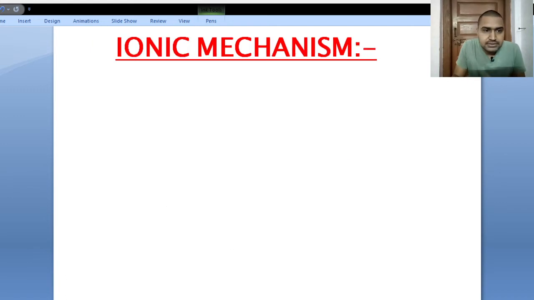Now the second mechanism that we are going to discuss is the ionic mechanism. As the name suggests, it involves some kind of ion. We are going to look at what an ion is and how it affects the reaction mechanism.